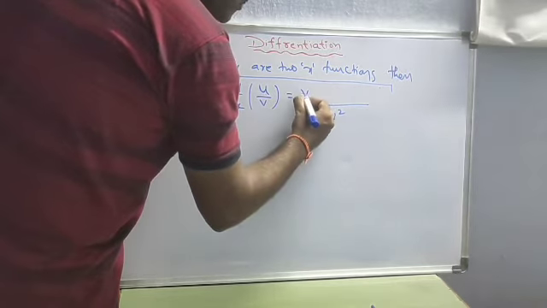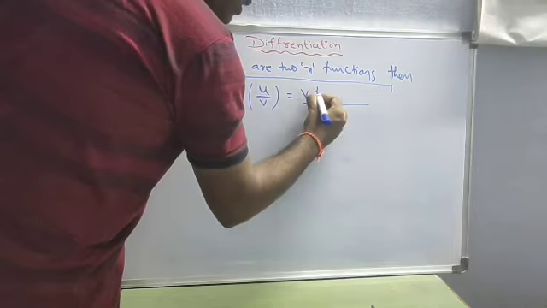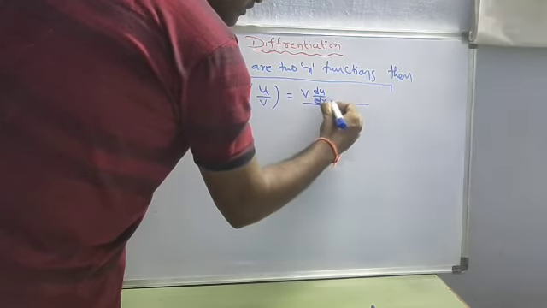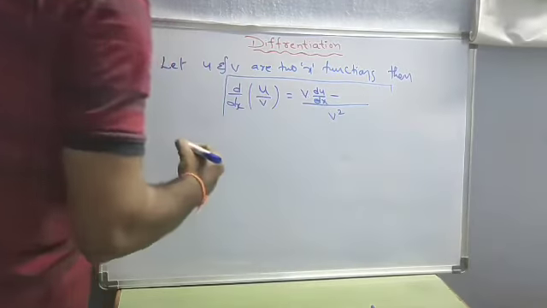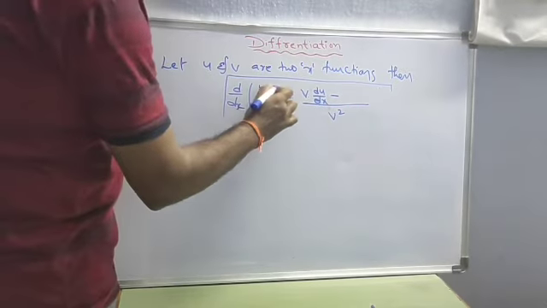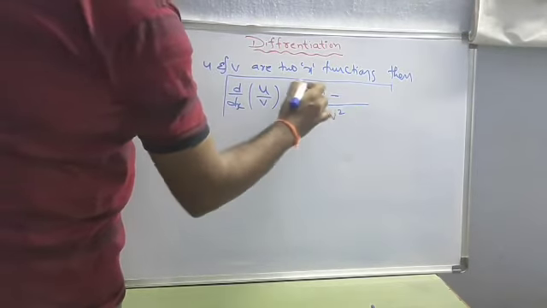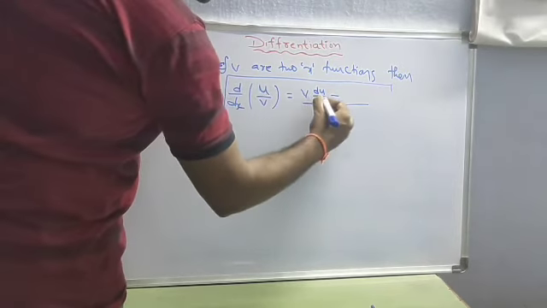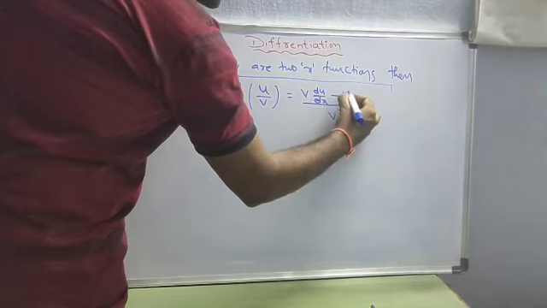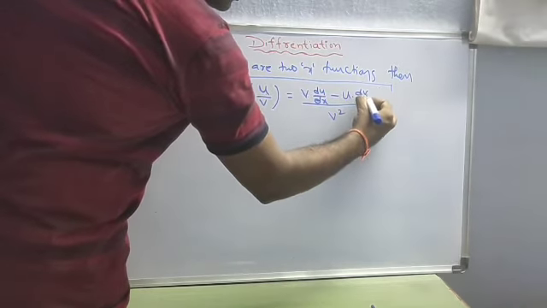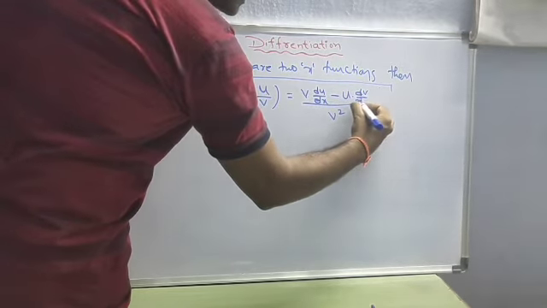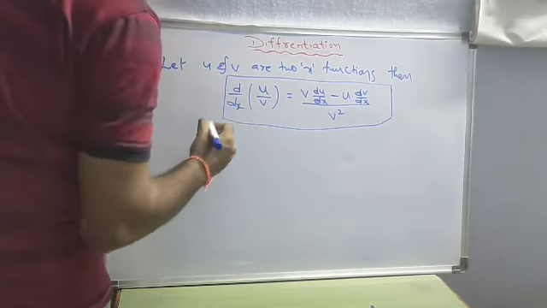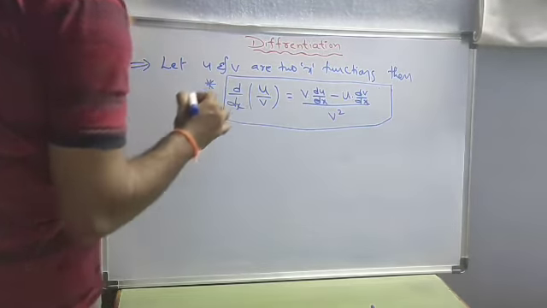It starts with v into du by dx. In the product you have the plus sign, but in the division you have the minus sign. v into du by dx completed. Next, u into dv by dx. So this is the formula. It is also an important one.